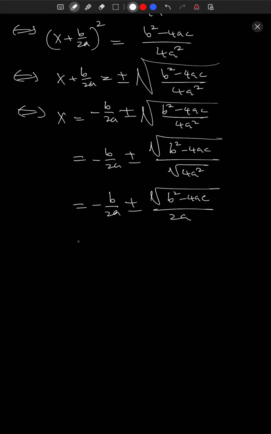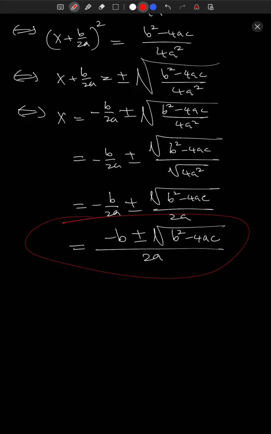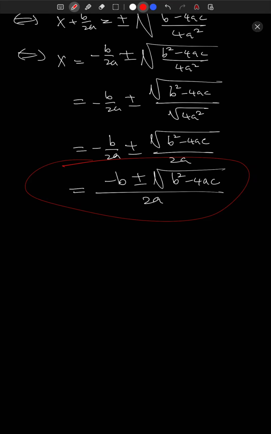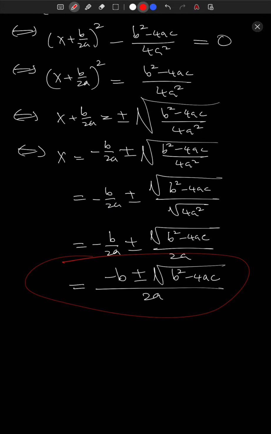Now I have 2a, so putting them on top of one denominator, minus b plus or minus root b squared minus 4ac all over 2a. Okay, so that's where the quadratic equation comes from. So every time you're using the quadratic equation, or every time you're completing the square, you're actually doing this process right here.